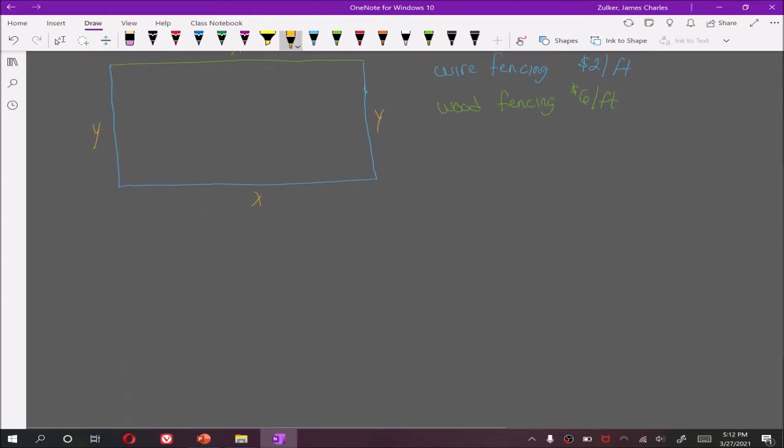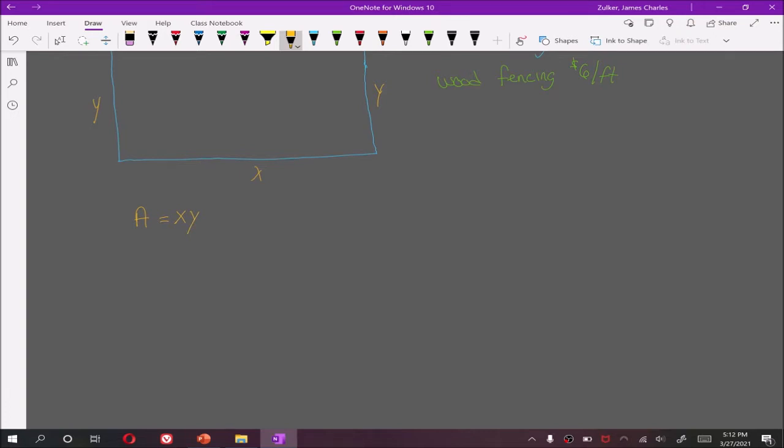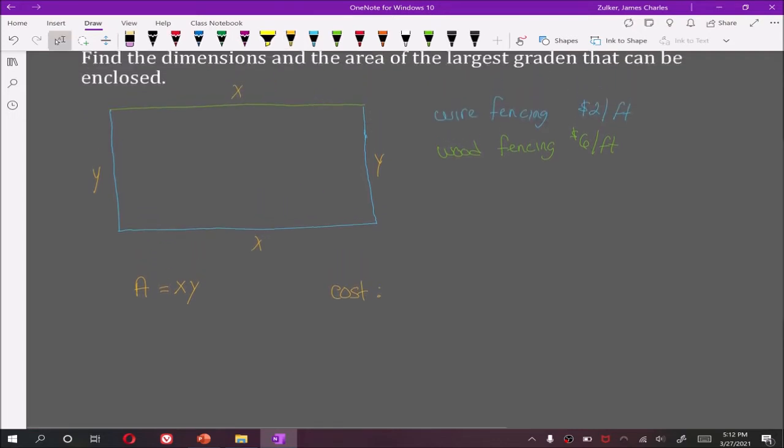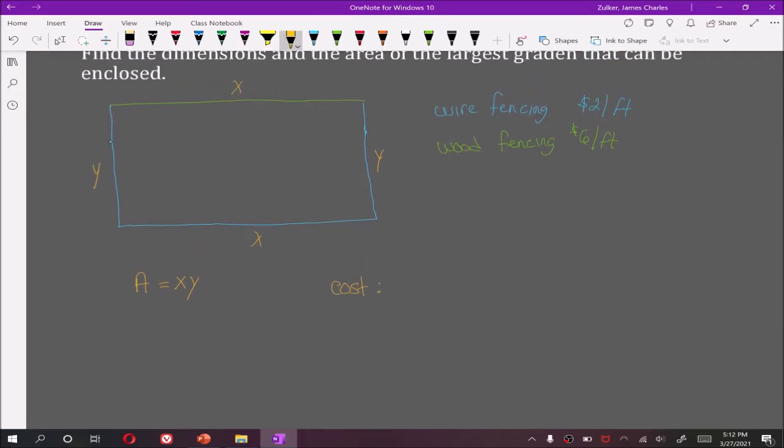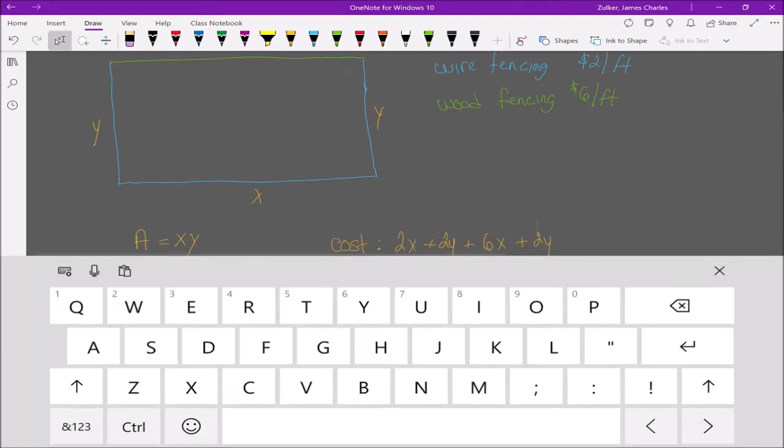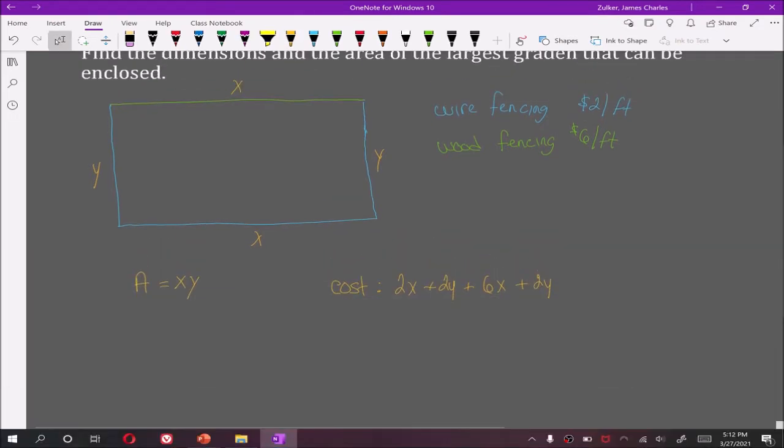Now the area is length times width, so it'll be x times y. Cost. So it's going to be $2 times x plus $2 times y plus $6 times x plus $2 times y. And so I just started and went around counterclockwise.